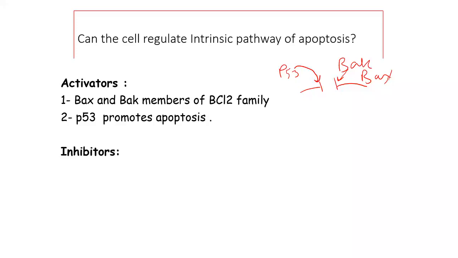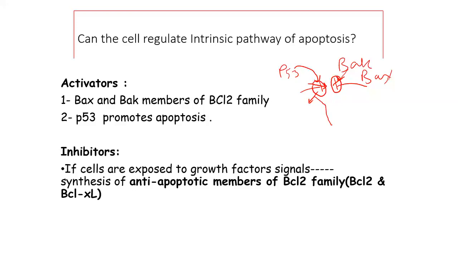What are the inhibitors of apoptosis? These are the blockers. What blocks this is the plug that blocks this one. These are the anti-apoptotic members of the BCL2 family, which are BCL2 and BCLXL. So if the cells are exposed to growth factor signals, there is synthesis of anti-apoptotic members of the BCL2 family in excess, and their activation will lead to blockage of these channels.